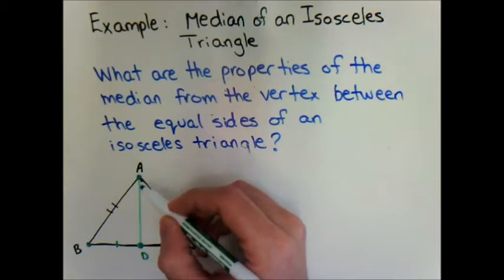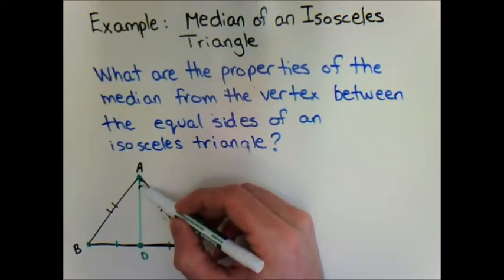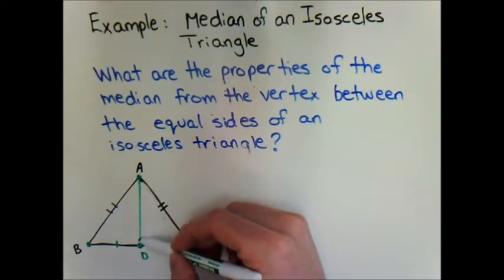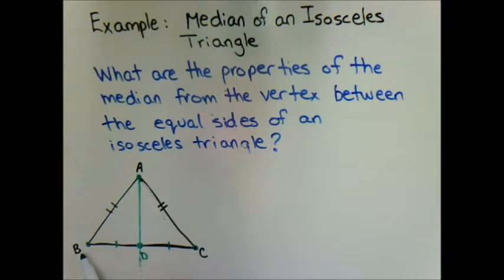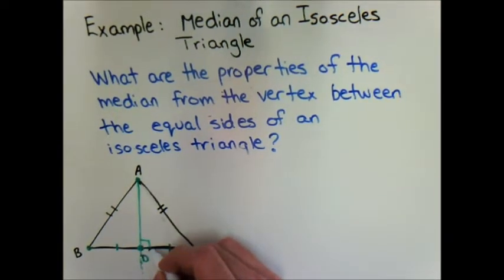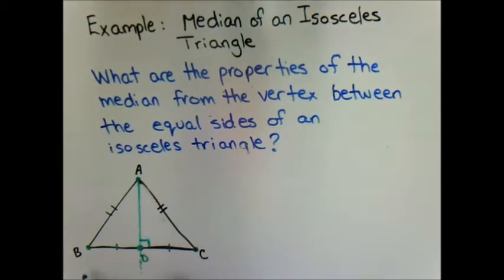And if we remember what we know about lines, that means every other point on this line, if I continued the line, would continue to be equidistant from the point B and the point C, which makes AD, by definition, the right bisector of BC.